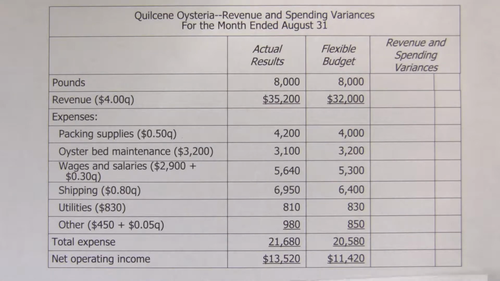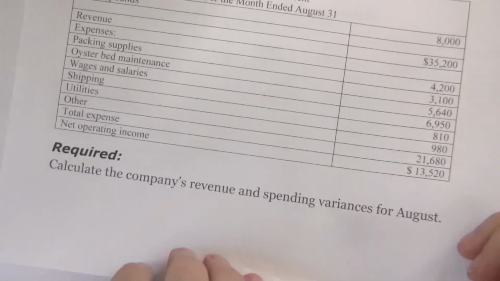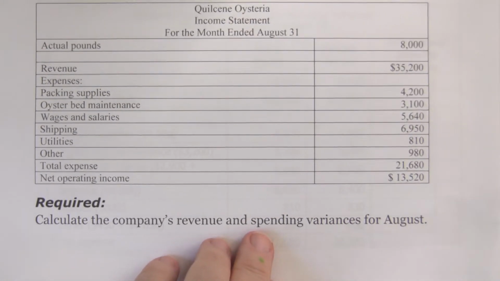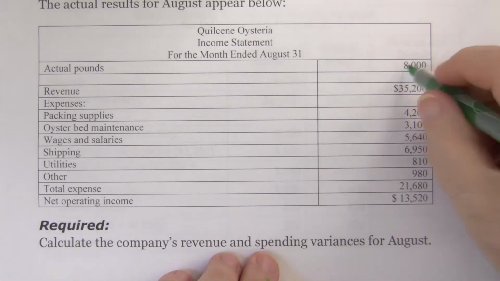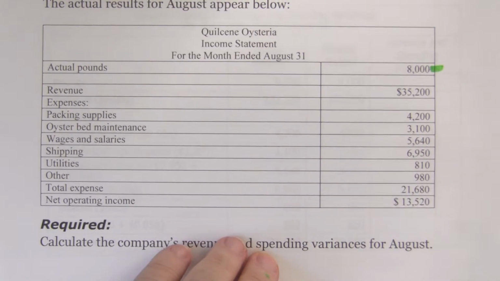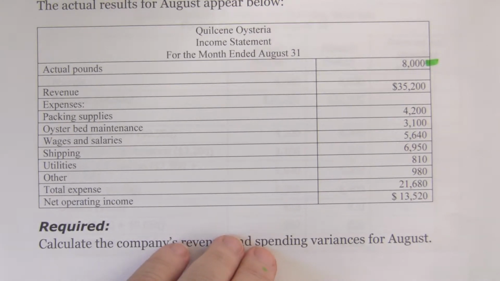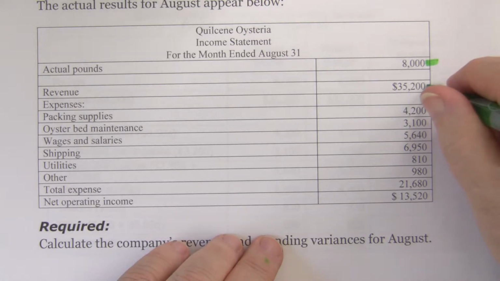Here are our actual results. We really got 8,000 pounds of oysters. So we did what we thought we were going to do. We expected to sell those oysters for $32,000. We actually got a little bit more.